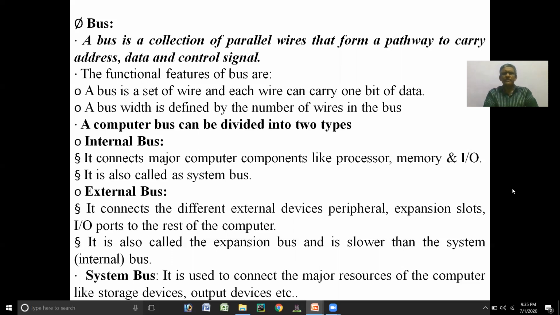First, let's start with internal bus. It connects major computer components like processor, memory, and input-output devices. It is also called the system bus.